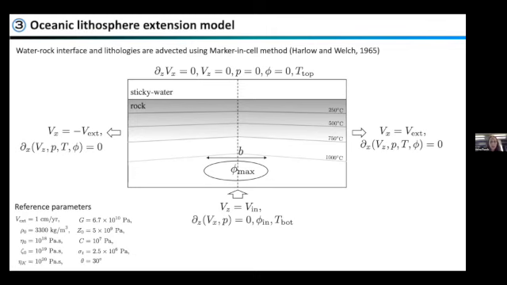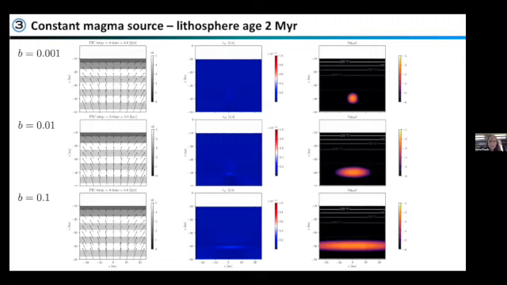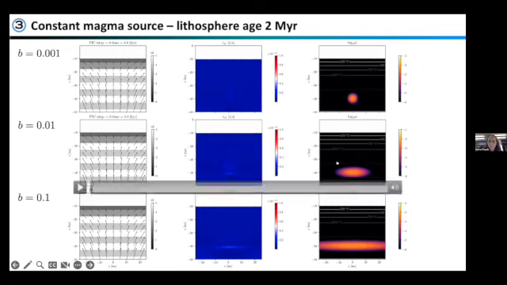Okay, so looking at some results, I'm going to show 3 simulations where I'm testing the size of the initial magma supply, and for an initial lithospheric age of 2 million years. So this B parameter just controls the lateral extent of the magma region.